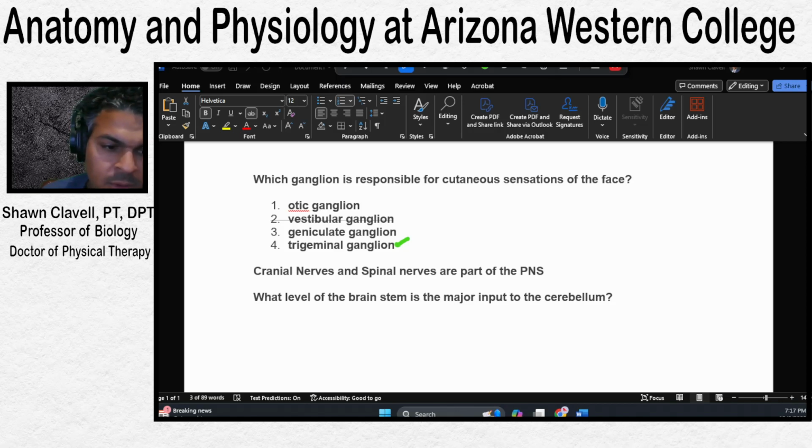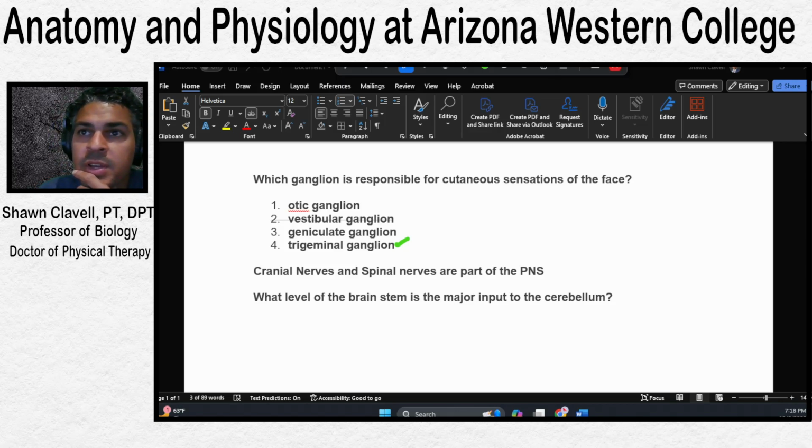That's related to the parasympathetic chain, and the geniculate is located on the facial nerve.